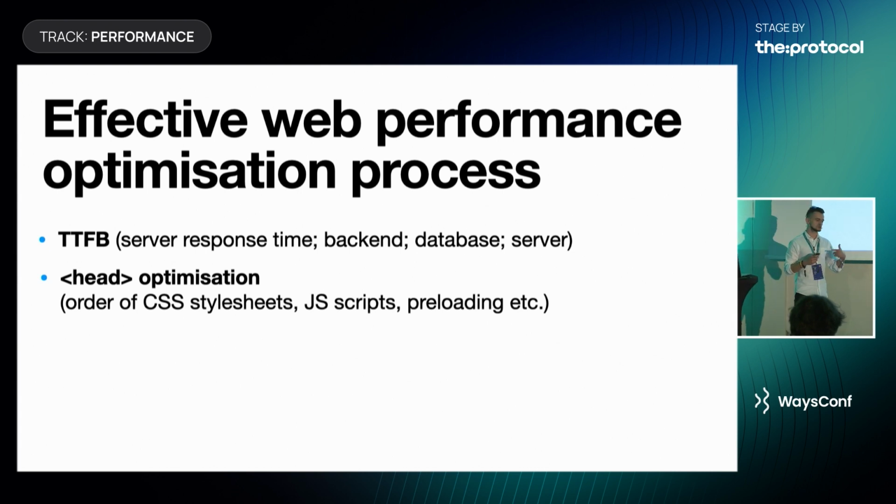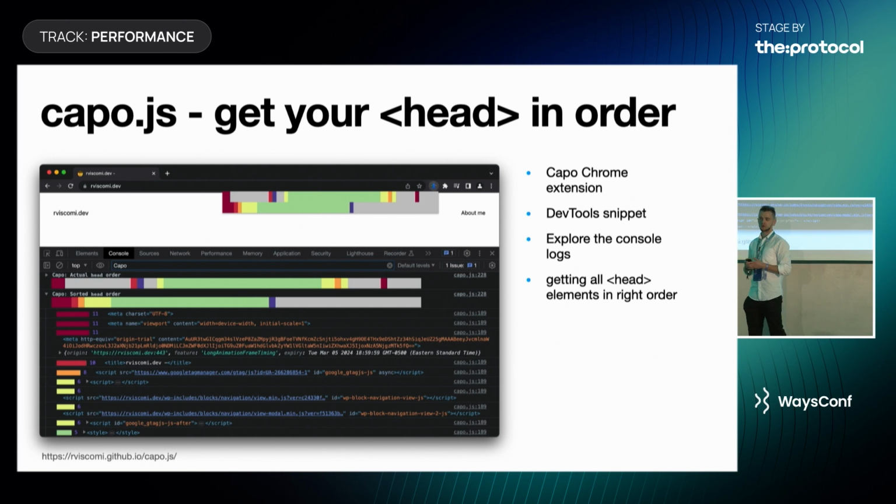Then the next really important step is the optimization of the head section of every HTML document. Basically, the order of the CSS style sheets and the order of the JavaScript, because, for example, the JavaScript may affect the CSS, and the CSS may affect the JavaScript. In the head section, we also have a lot of meta tags. I would like to recommend this tool, capo.js.